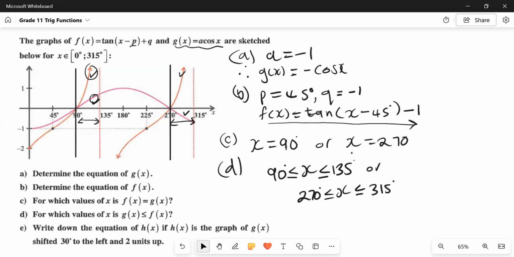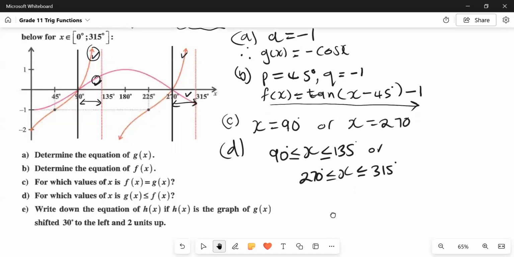E, write down the equation of h of x, if h of x is the graph of g of x shifted 30 units to the left and 2 units up. Oh, okay.